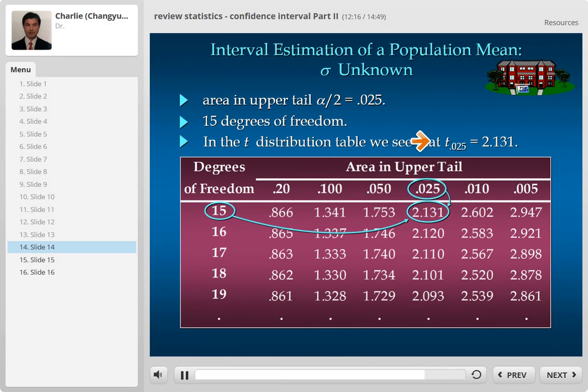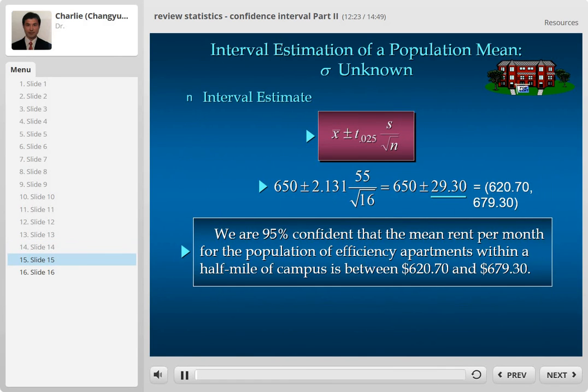And that is the value of t subscript 0.025. Now we plug in numbers. From the description, we know x bar equals 650, and t 0.025 equals 2.131. s from the description of the problem equals 55, n equals 16. So we plug in those numbers, we get the confidence interval as this one.